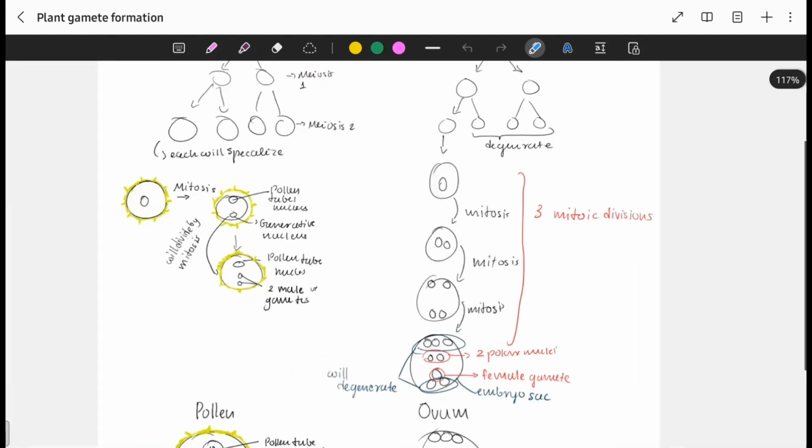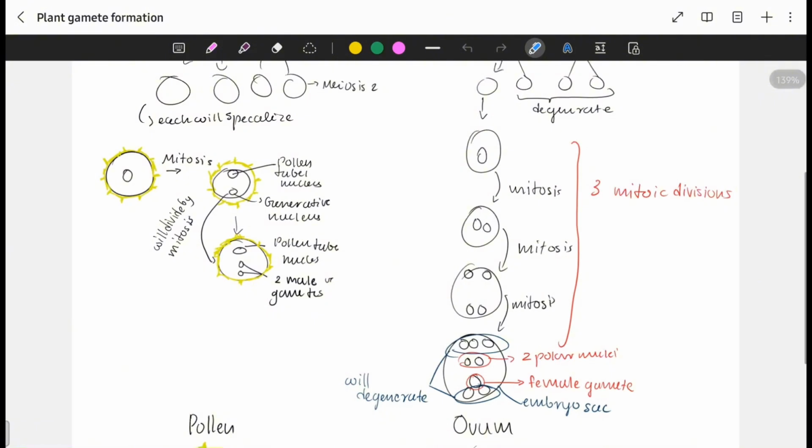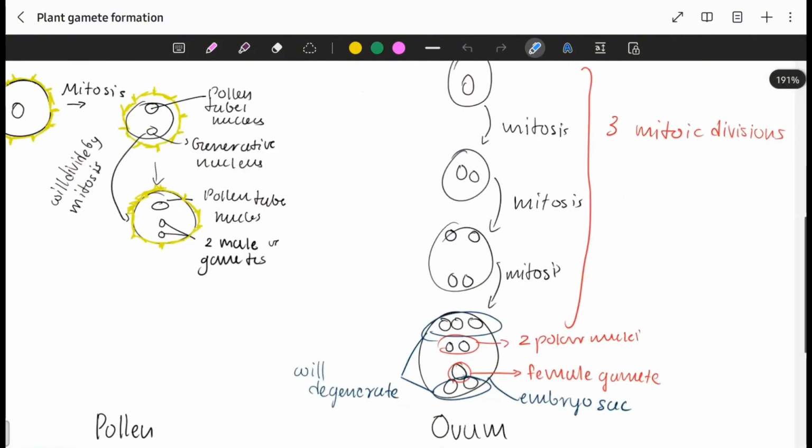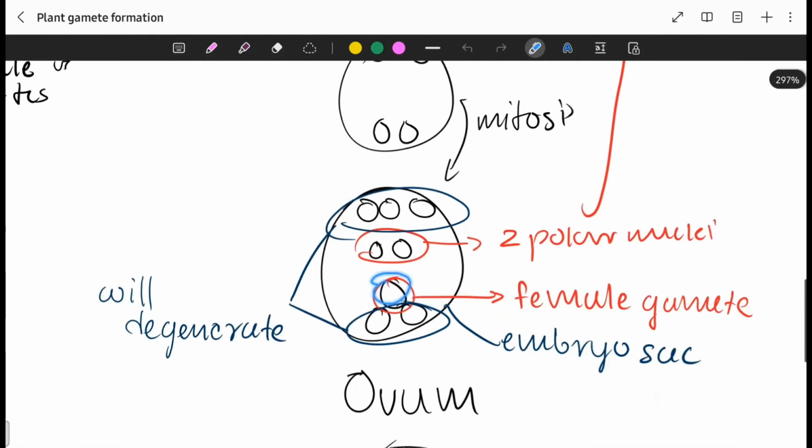There were 3 mitotic divisions: from 1 to 2, 2 to 4, 4 to 8. Then there will be 2 polar nuclei. This is the female gamete, this is the embryo sac, and this is the ovum basically.